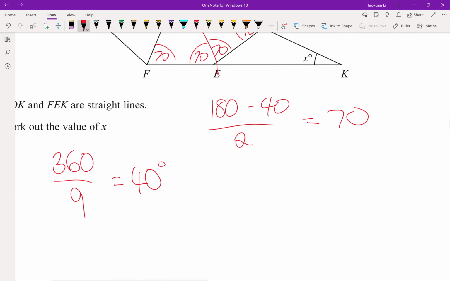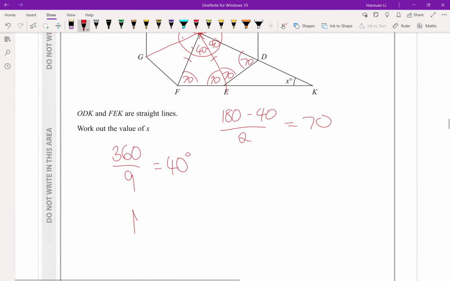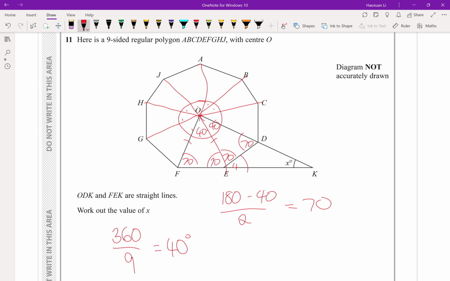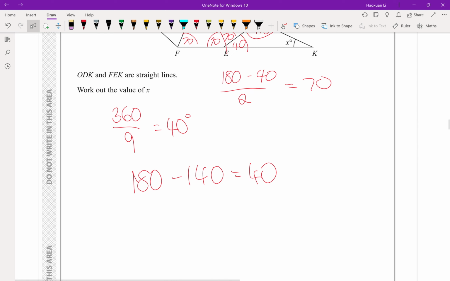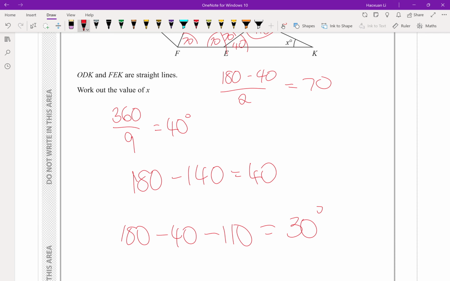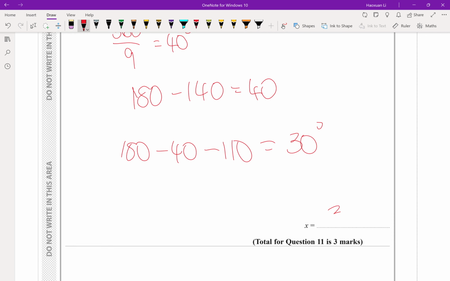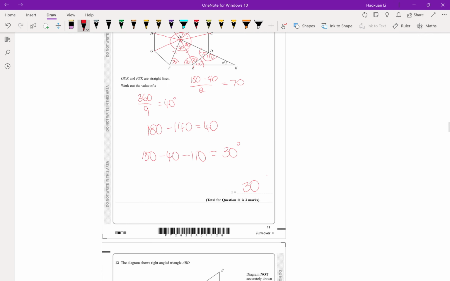Angles on a straight line add up to 180 degrees, so 180 minus 140 equals 40 degrees. So this is 40 degrees, this is 110 degrees. And angles in a triangle add up to 180, so 180 minus 40 minus 110 is equal to 30 degrees. So the value of x is 30 degrees.